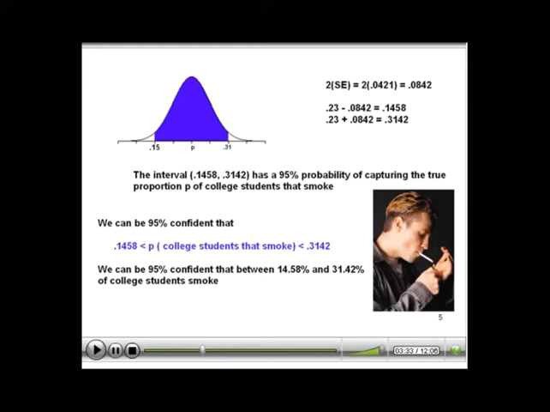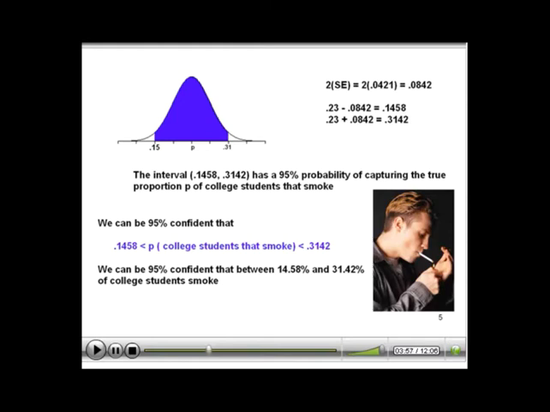Now, if we consider 2 standard deviations on either side of 0.23, we find that the interval from 0.1458 to 0.3142 has a 95% chance of capturing the true proportion of college students that smoke.